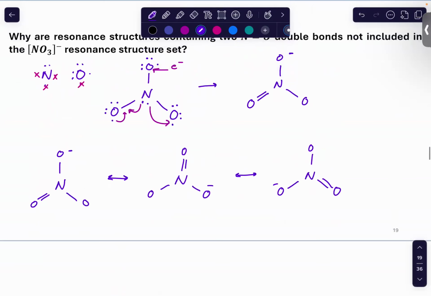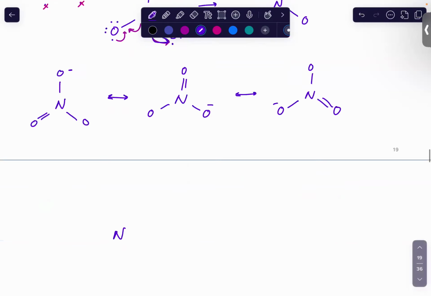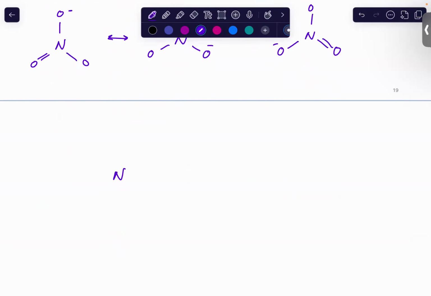So what I'm going to do is go to a structure that already has this electron that's come in and this electron that's gone here. So we're kind of looking at this sitting on its side.